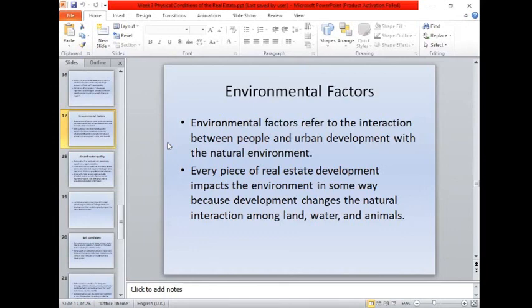And now let's proceed to the environmental factors. So what are those environmental factors that also affect the physical conditions of the real estate? These environmental factors refer to the interaction between the people and the place, or shall we say the urban development, in which the location has been urbanized or becomes civilized with the natural environment.